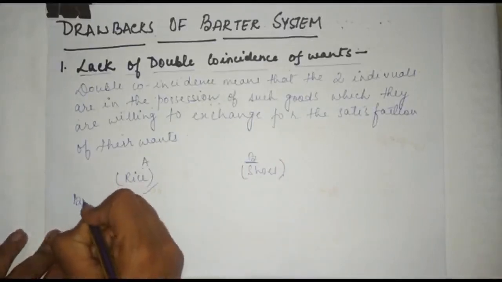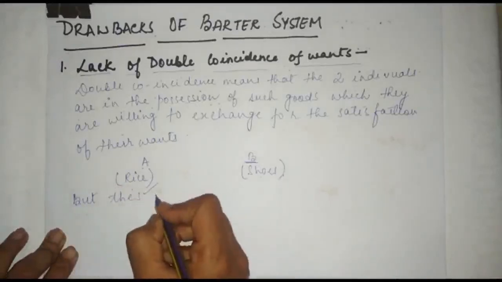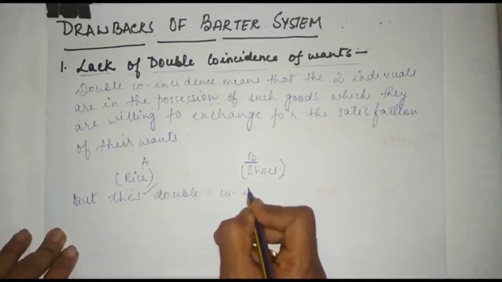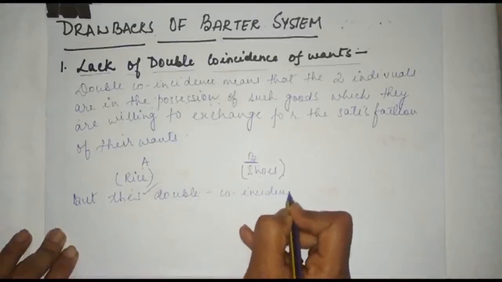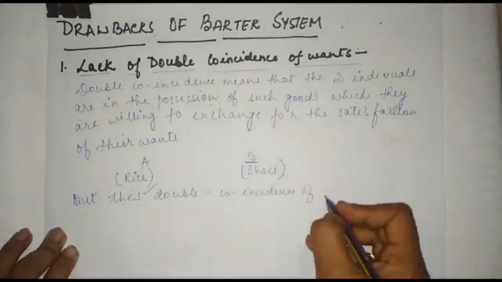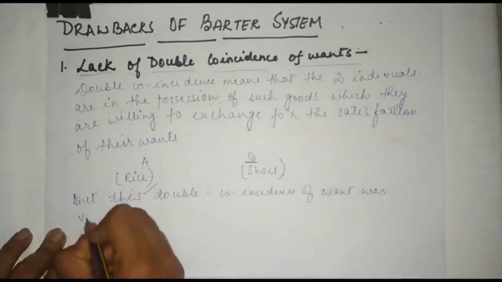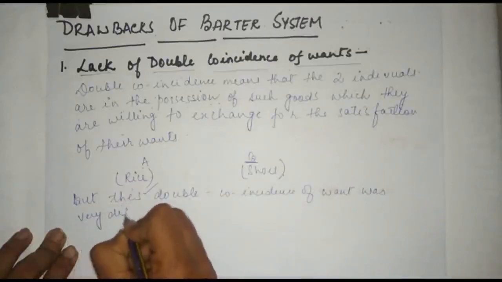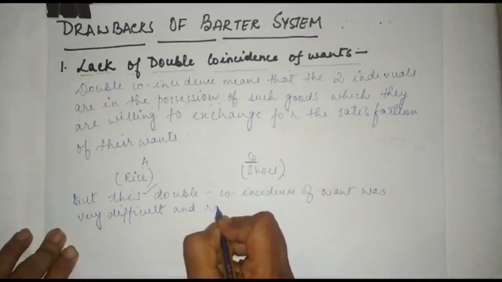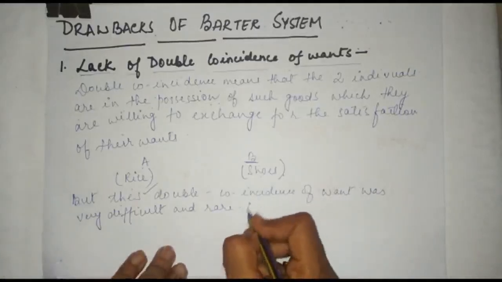But we'll write this: double coincidence of want was very difficult and rare, due to which the exchange of goods became difficult.